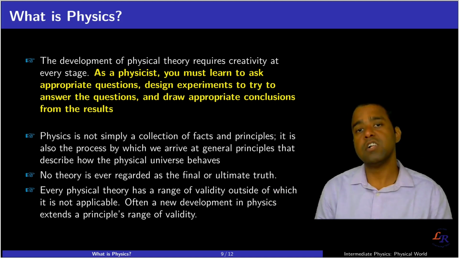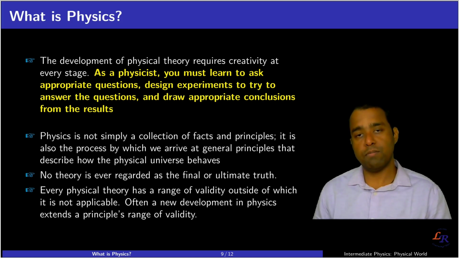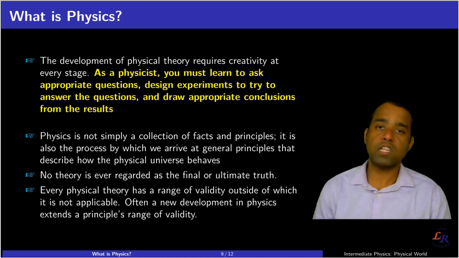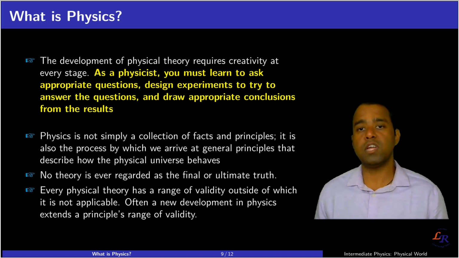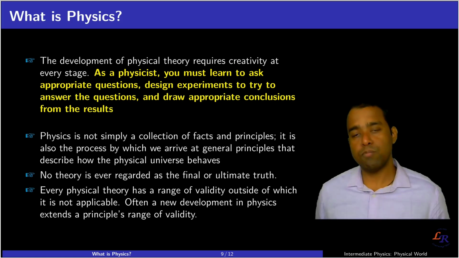As a physicist, you should have a better understanding of which laws or principles you are going to apply, and whether they are valid for the situation or not. Once you build up that understanding, it will make you a very good physicist and a very good scientist.